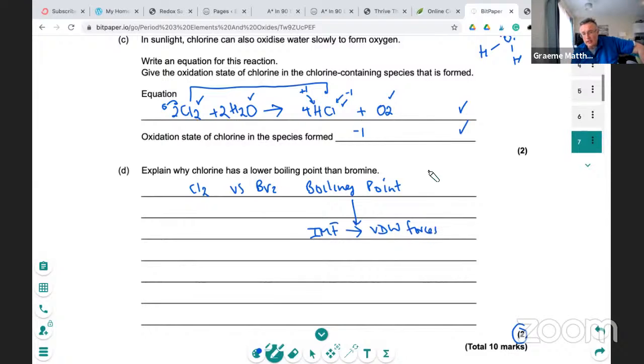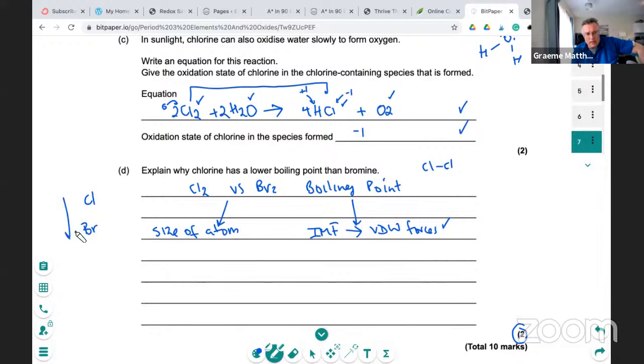Because if you look at a chlorine to a chlorine, right? There isn't any dipole there. And of course, there's no hydrogen involved. It's got to be van der Waals forces. So, could van der Waals forces have to do with the size of the atom? I'm thinking, chlorine, bromine on the periodic table.